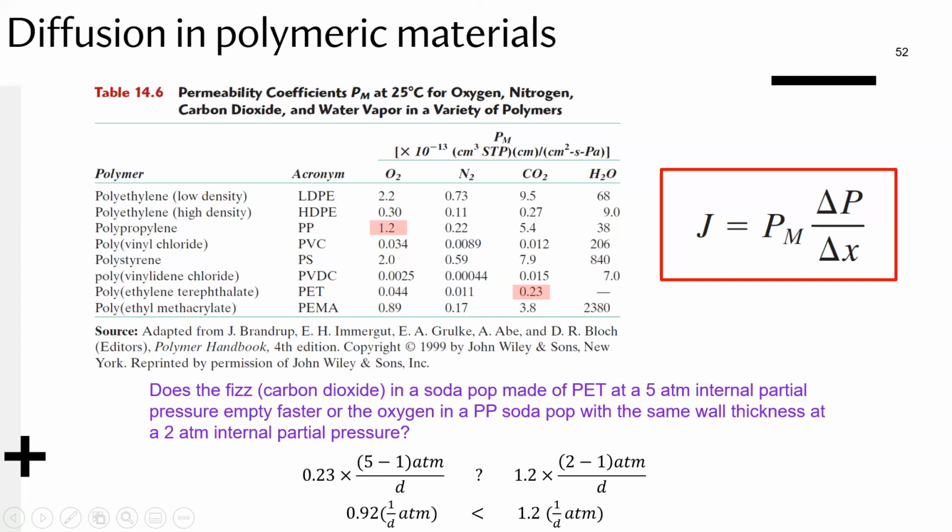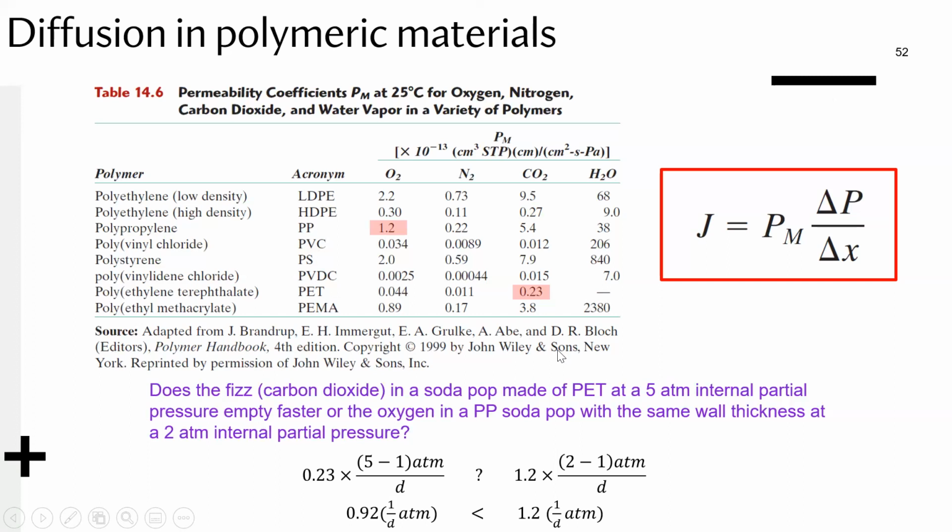This one's 1.2 times 1 over D atmosphere units. And what happens here is that you can see that easily the oxygen is going to pass through a lot faster. Well, not a lot, but by about 20-25% faster than the CO2 there.